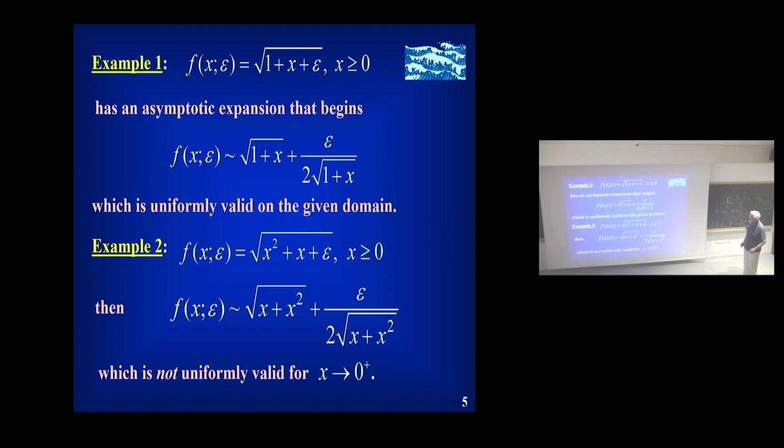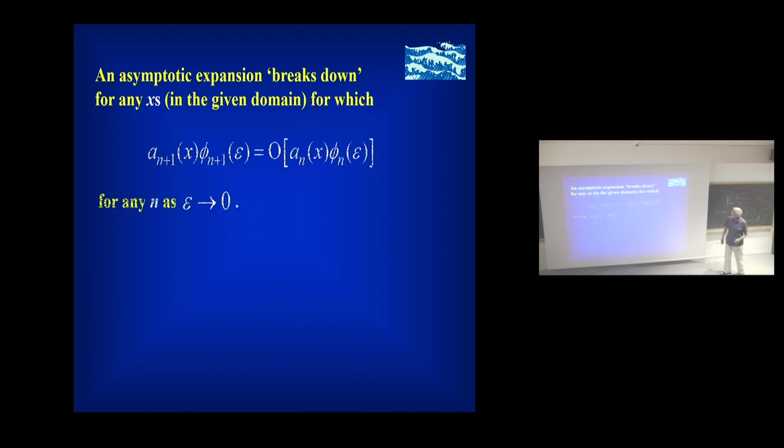As x tends to 0, you will have, roughly speaking, square root x the same size as epsilon over square root x, which gives you x is order epsilon. If x is of size order epsilon, then these two terms become the same size. What the size actually is is irrelevant. They've become the same size. You can no longer order this one as smaller than that one for these x's as epsilon tends to 0.